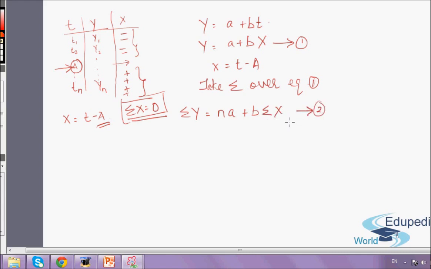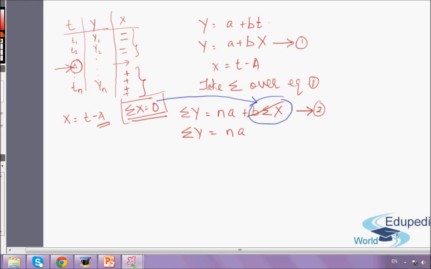Now if we rearrange this equation a little, we will have summation of y equals n times a, and this part, since the summation of x is 0, the whole of this part would become 0.